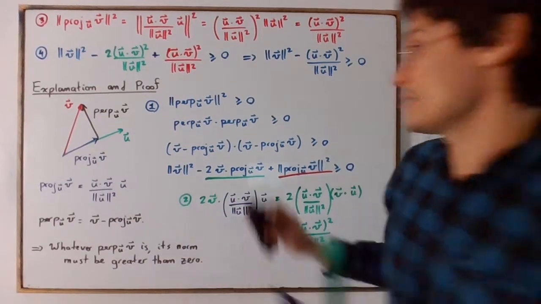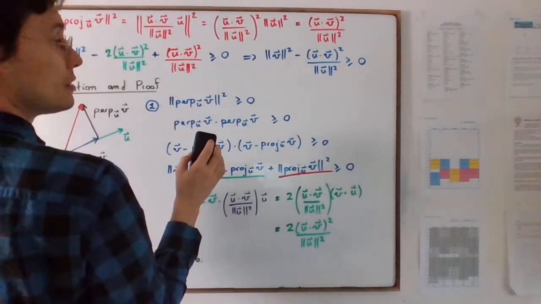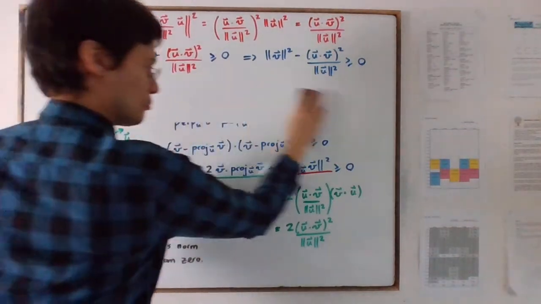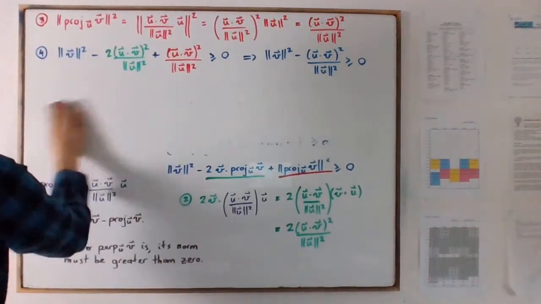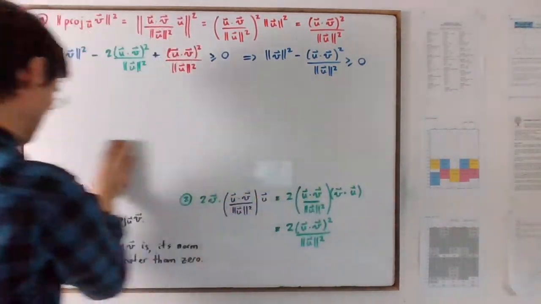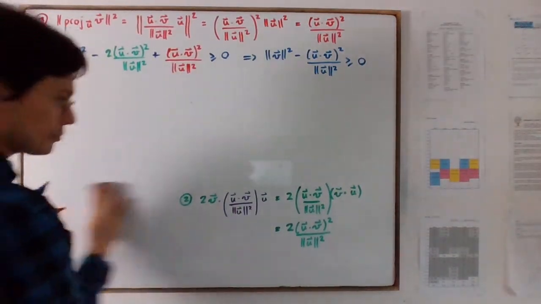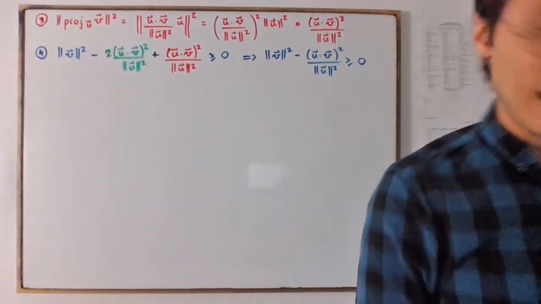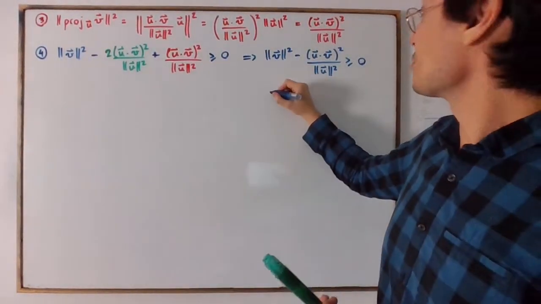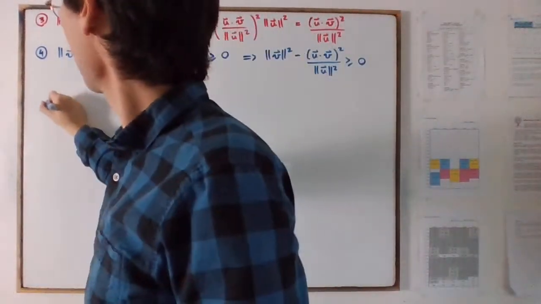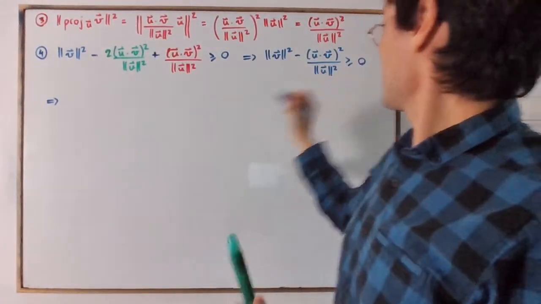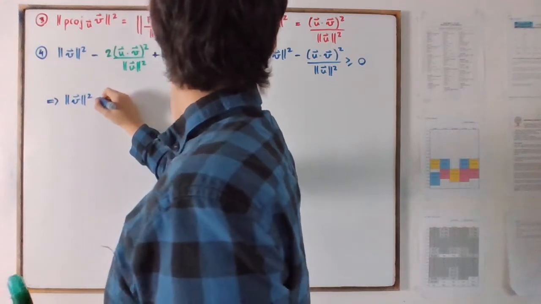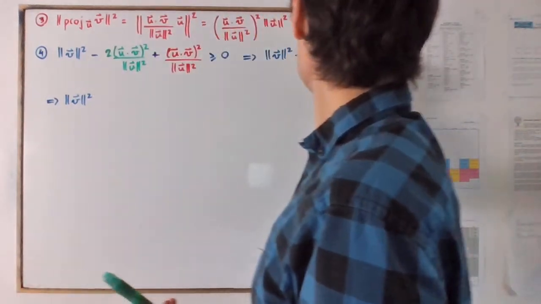So let's erase this. All right. Now the only thing we need to do is to push things around. So this goes on the other side. We have v squared is, or actually, let's, can we skip a little bit of steps?